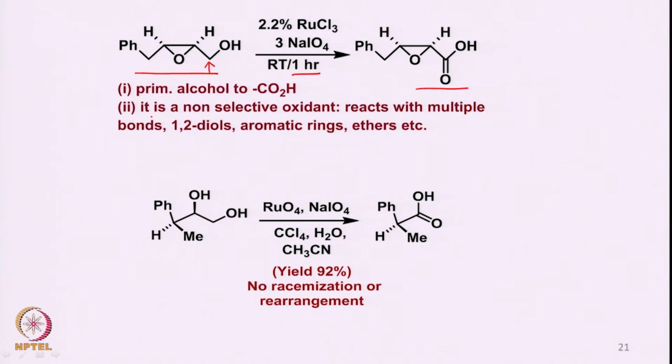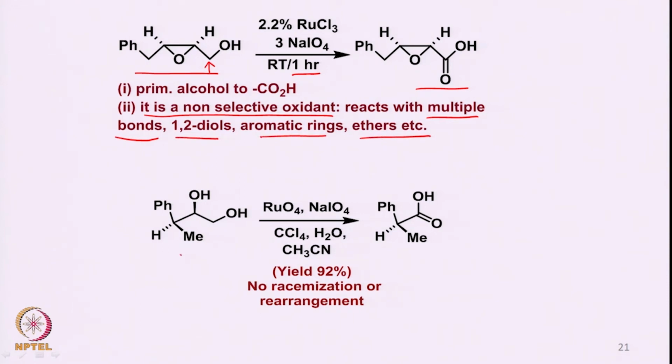Now, it is a non-selective oxidant. I have been telling all the time that the ruthenium tetroxide is a very violent or a very aggressive reagent, and therefore, it reacts with many other functional groups such as multiple bonds like double bond or triple bond, diols, aromatic rings, ethers, etc.